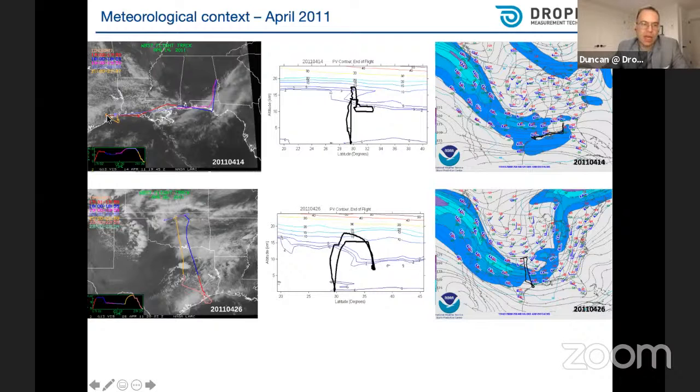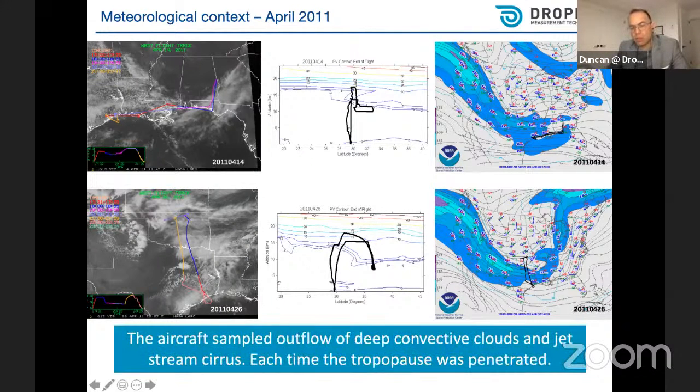As you see here, in the flight on 14th April, satellite imagery shows the aircraft targeting jet stream Cirrus, and on 26th April, the aircraft is targeting a mesoscale convective system. So the aircraft sampled outflow of deep convective clouds and jet stream Cirrus each time the tropopause was penetrated.